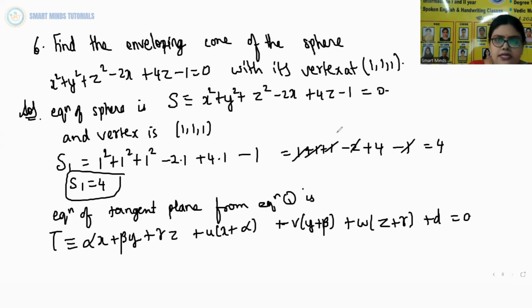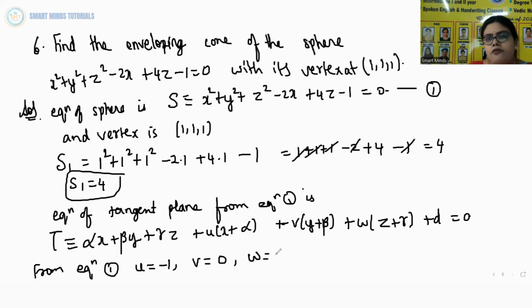Now let's say this is equation number 1, the sphere equation. Comparing, u is equal to minus 1, that is half of the coefficient of x. v is half of the coefficient of y, but there is no y term, so v is 0. w is half of the coefficient of z, that is 2. And d is the constant term, minus 1.